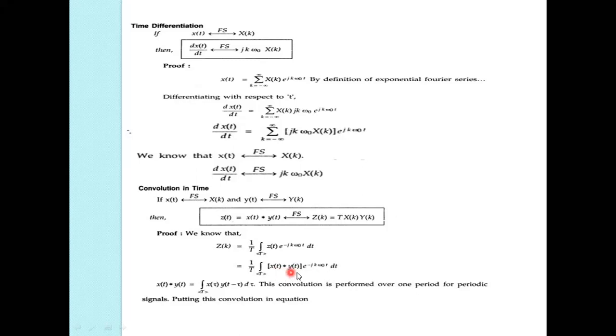The convolution of x of t and y of t formula is the integral x of tau y of t minus tau d tau. So there is no 1 by T here, my dear students. This convolution is performed over one period for periodic signals. And substituting x of t convolved with y of t here in this formula.